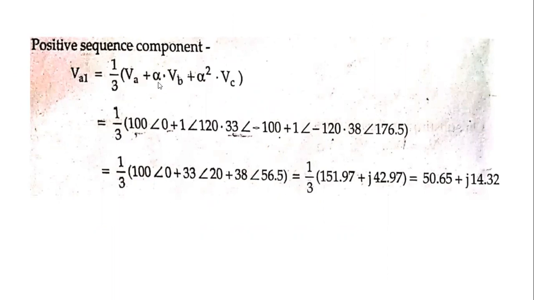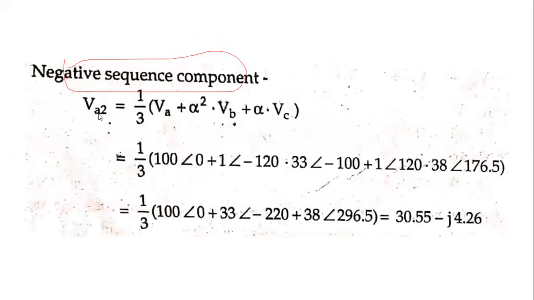That's why we use the operator alpha in this equation. Remember these formulas: VA1 is equal to 1 by 3 into VA plus alpha VB plus alpha square into VC.